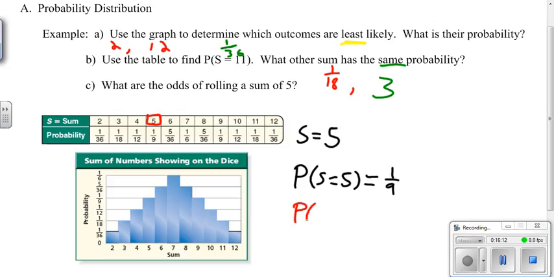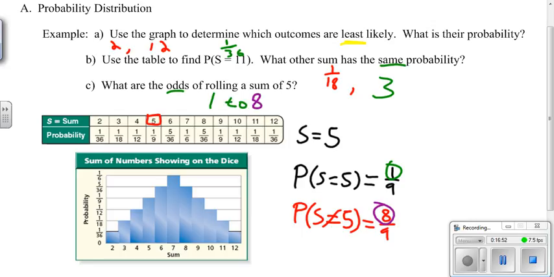We could write the probability of the sum not equaling 5 as 8 out of 9. So if the probability we'll roll a 5 is 1 out of 9 times, then the probability that we don't get a 5 should be 8 out of 9 times, because those will add back up to 9 out of 9, or 100%. So if our successful ways of getting 5 is 1 out of 9, and our non-successful ways is 8, we would say that our odds are 1 to 8.